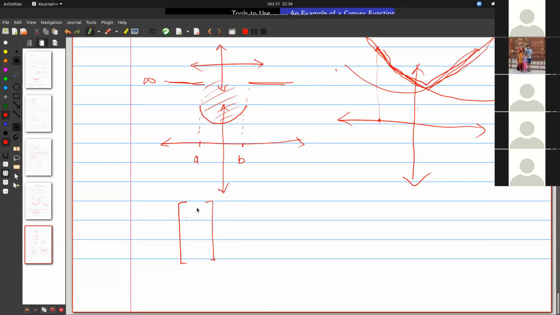First of all, it's not even differentiable, and using the direct convexity condition is also difficult. So how we will do it is using this pointwise maximum property.